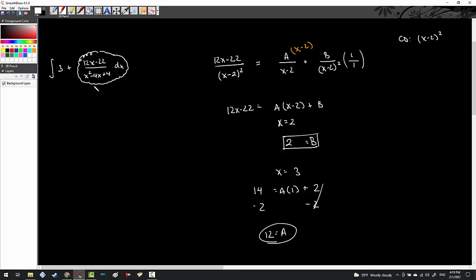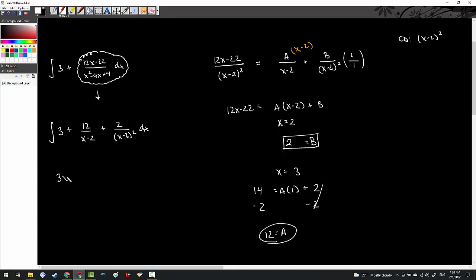So now I'm ready to integrate this expression because I have now partial fractioned it. What I've got is the integral of 3 plus, since A is 12, 12 over x minus 2 plus 2 over x minus 2 squared dx.